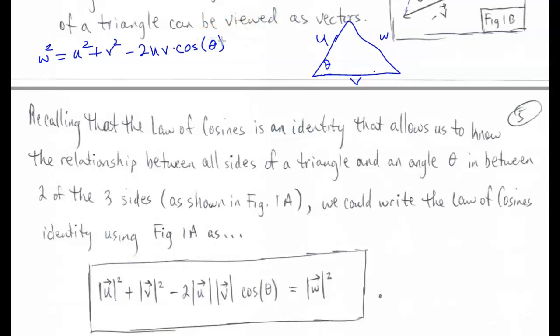Okay. And of course, we assume that W, U, and V in this case are just the lengths of the sides of this oblique triangle.